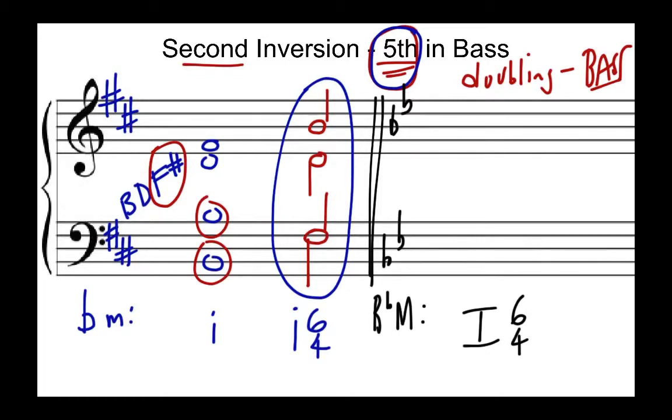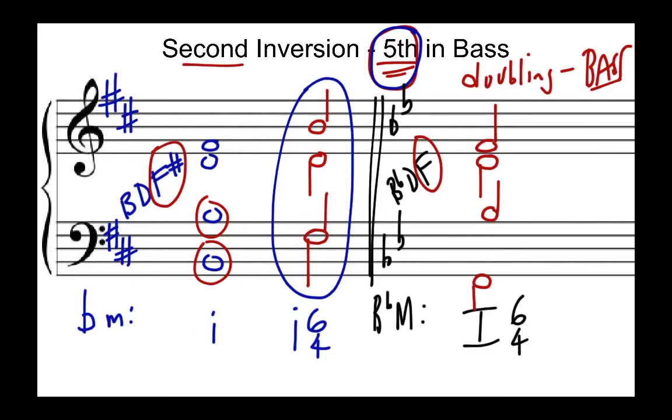So the tonic chord in B flat major is spelled B flat, D, F. I'm going to do a voicing where F, the fifth of the chord, is in the bass. So I'm going to put the bass note way down here, and I'm going to double it in the soprano up here. So that I've doubled the bass. I've actually also doubled the soprano, though, technically. Anyway, the D I'm going to put here, and then the B flat I'm going to put here. So that would be an example of second inversion tonic chord in B flat major.